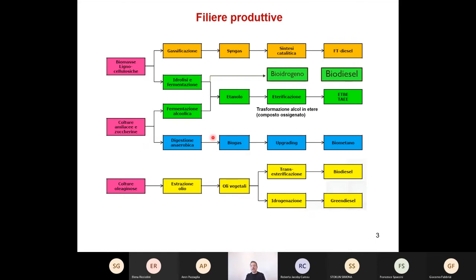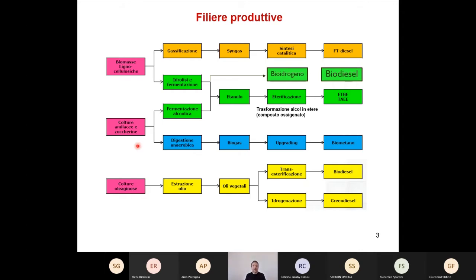And you can also upgrade biogas. Upgrade means separating biomethane from the other elements, mainly carbon dioxide, and you can obtain biomethane, which is methane obtained from biomass, and you can use it in every application of traditional methane, so in the transport sector, but also in your houses for room heating or for cooking and so on.